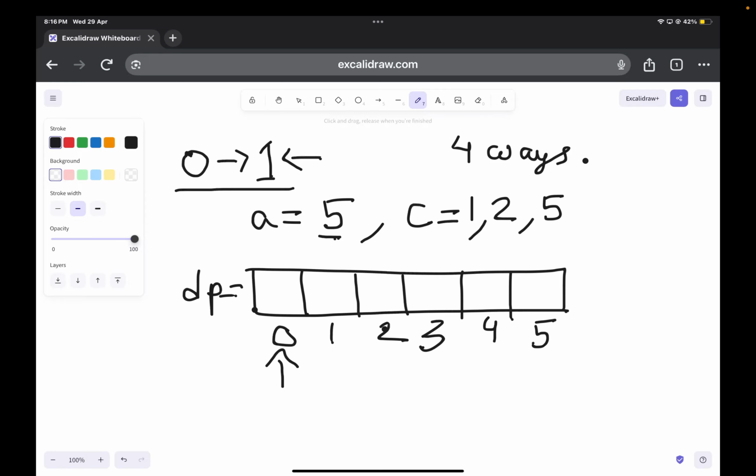I just told you. One way. Yes, for zero, you need one way. Not giving is also a way.